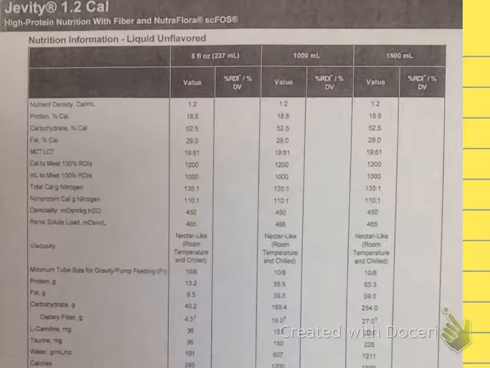So we have the sheet that's provided by Ross Labs that you can download online, and we're going to be focusing, as a reminder, on the 1,000 mil column so that everything in here is in terms of liters. It just makes it easier to do it that way.